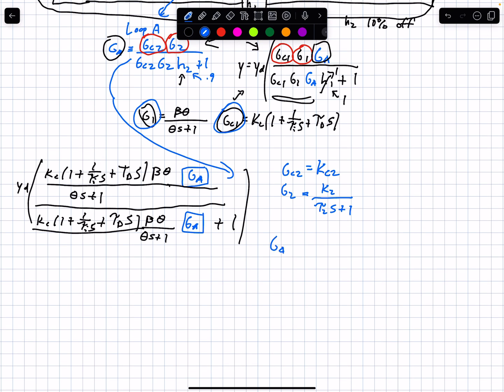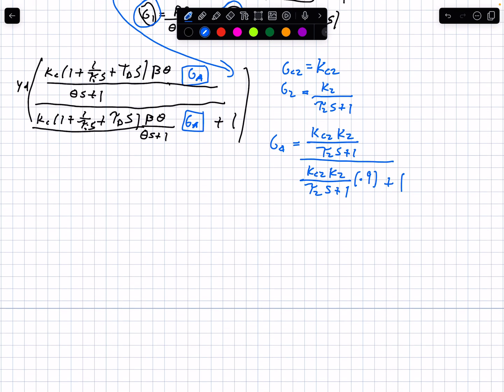So GA is equal to KC2 K2 over tau 2 S plus 1, over KC2 K2 over tau 2 S plus 1, times H2, which is 0.9, and then plus 1.